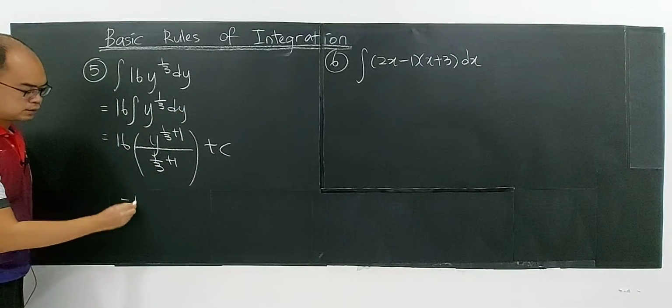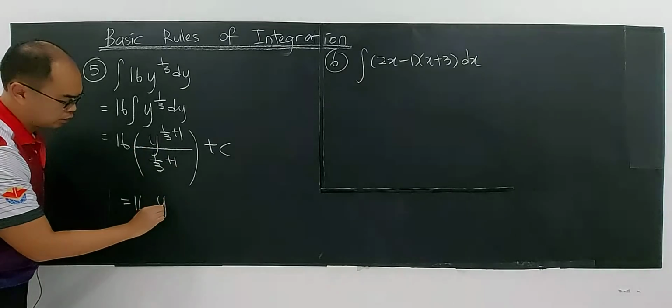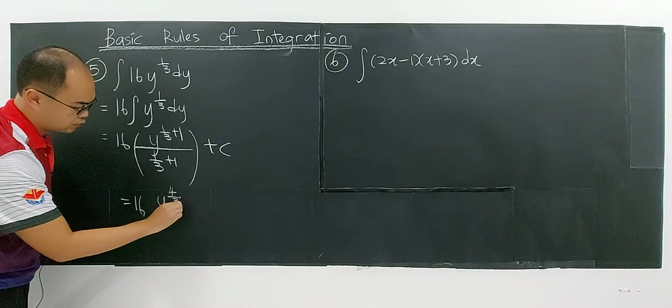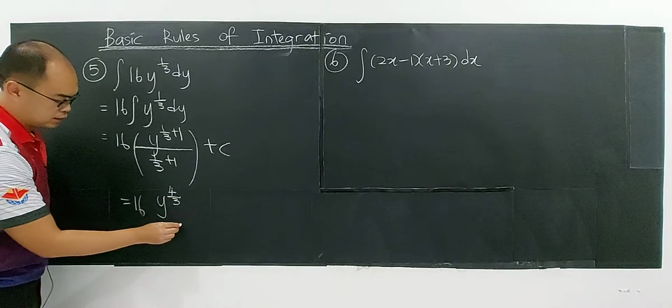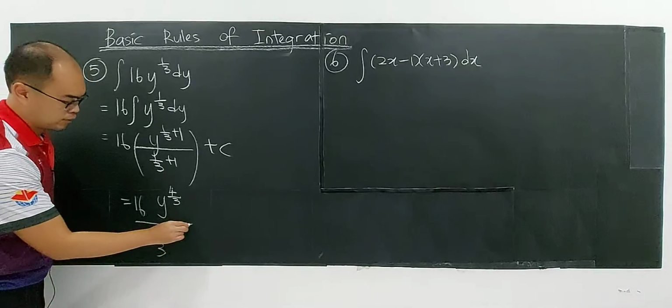So then later you have 16, and this you have y to the power of 4 over 3, right? 1 plus 1 over 3, 4 over 3, then divided by 4 over 3 plus c.